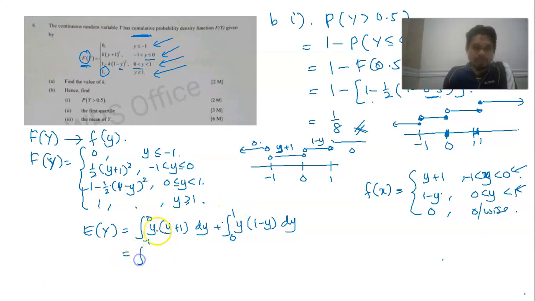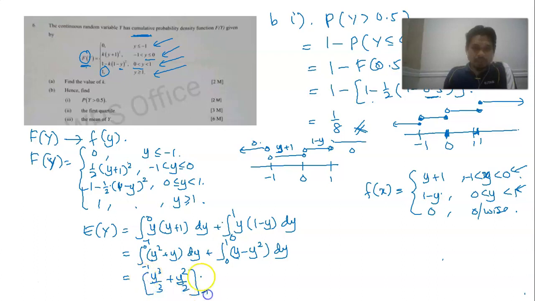So the integral of y squared plus y dy, plus the integral of y minus y squared dy. That is now y cubed divided by 3 plus y squared divided by 2 from negative 1 until 0, plus y squared divided by 2 minus y cubed divided by 3 from 0 until 1.